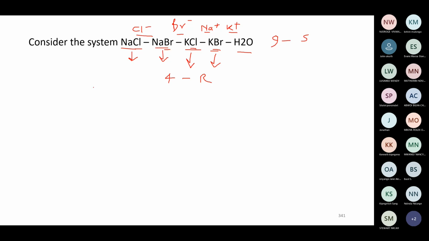So to get the number of components, C is going to be given by S minus R plus 1. So this equals 9 minus 4 plus 1. So the number of components in this is 4. It's a 4-component system.